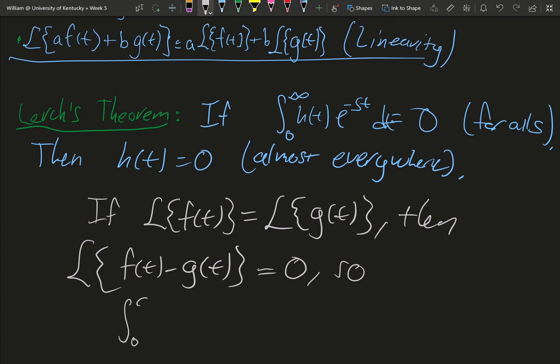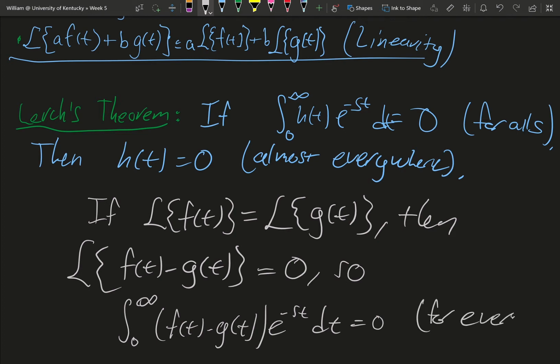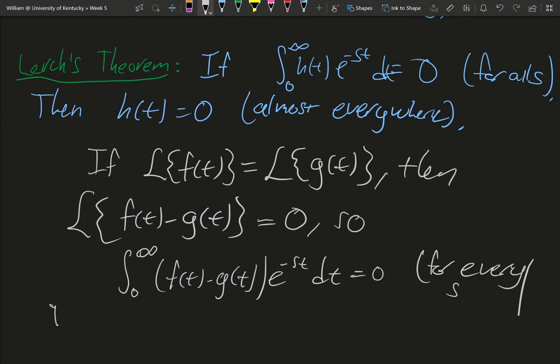So what this says is that I always get the 0 integral. And so by Lerch's theorem, f of t has to be equal to g of t almost everywhere, because f of t minus g of t has to be 0 almost everywhere, so just move the g of t to the other side.